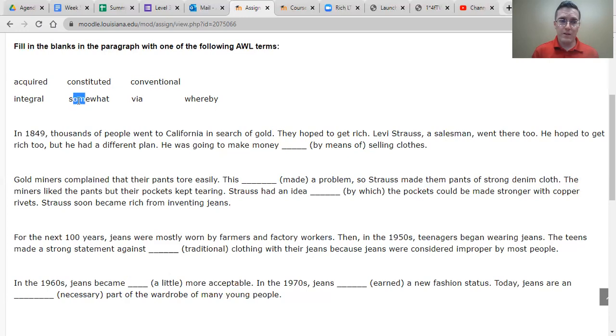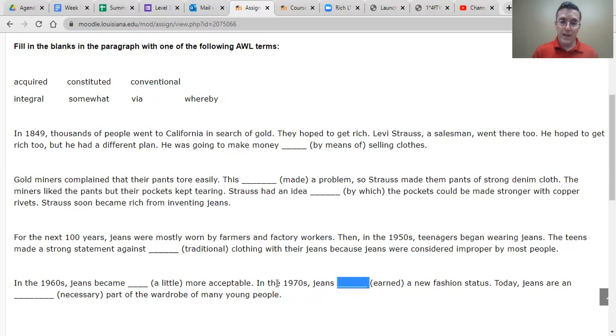Some looks like a little, right? Some money, some coffee, a little money, a little coffee. So this may be the correct answer. Again, I'll have to read the context and try to figure out, is it somewhat or is it another adverb? Do I have another adverb up here?